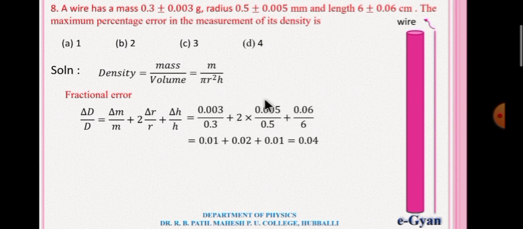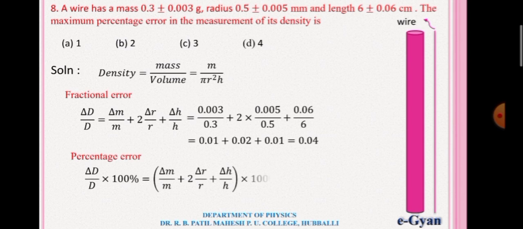When we simplify this term, that is 2 into 0.005 divided by 0.5, we get 0.02, plus by simplifying this, we get 0.01. Adding all this, we get 0.04. Okay, this is the fractional error of density of the wire. Percentage error.